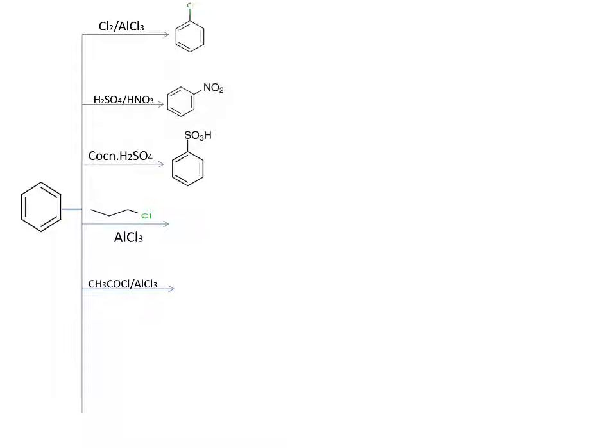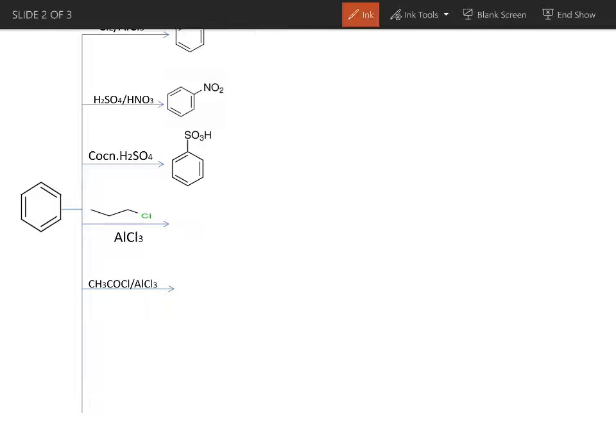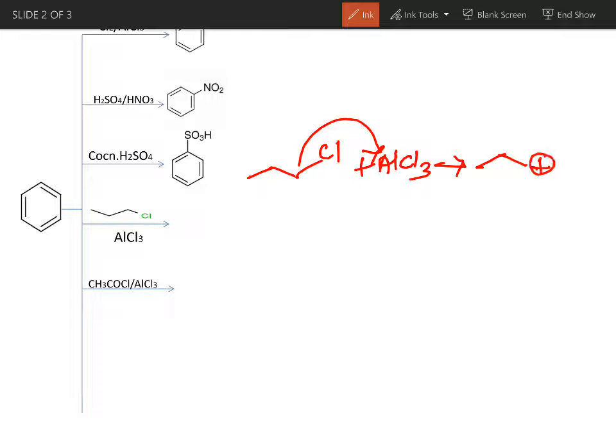Fourth reaction, when benzene reacts with propyl chloride in the presence of AlCl3. Again AlCl3 here is acting as a Lewis acid. It abstracts a pair of electrons from chlorine and forms a carbocation.